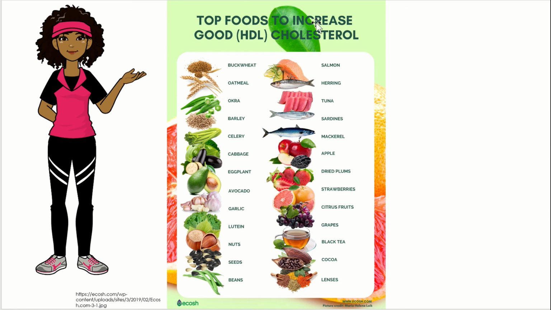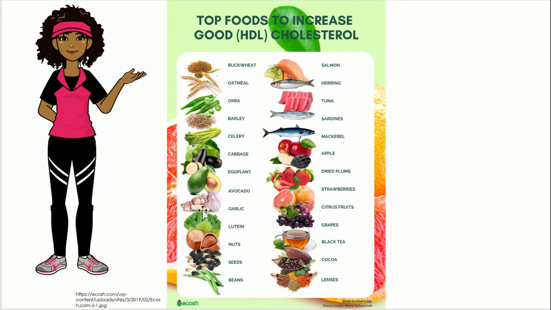So these are some top foods to increase good or HDL cholesterol. Here, we're not going to go through all of them. I'm sure you have an idea already of the types of food. You have your eggplant, cabbage, celery, okra, oatmeal, your fishes, a good source of HDL, your grapes, citrus fruits, strawberry, etc. Your nuts and garlic, avocado, for example.